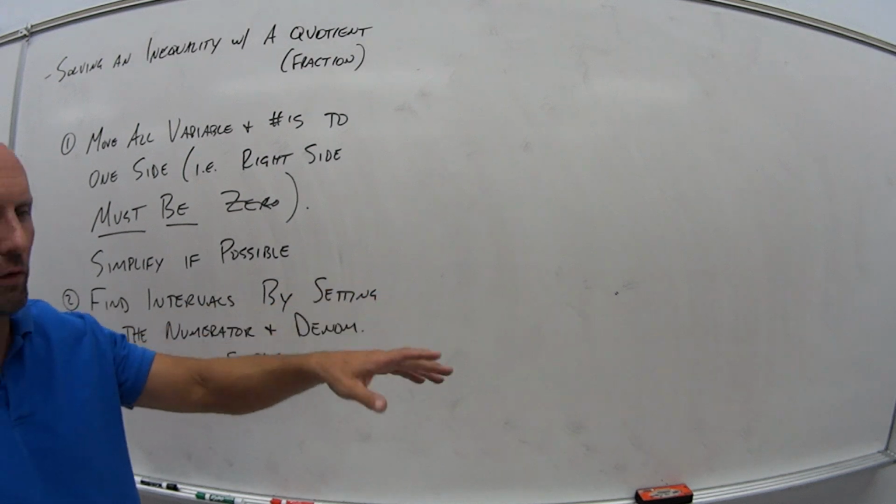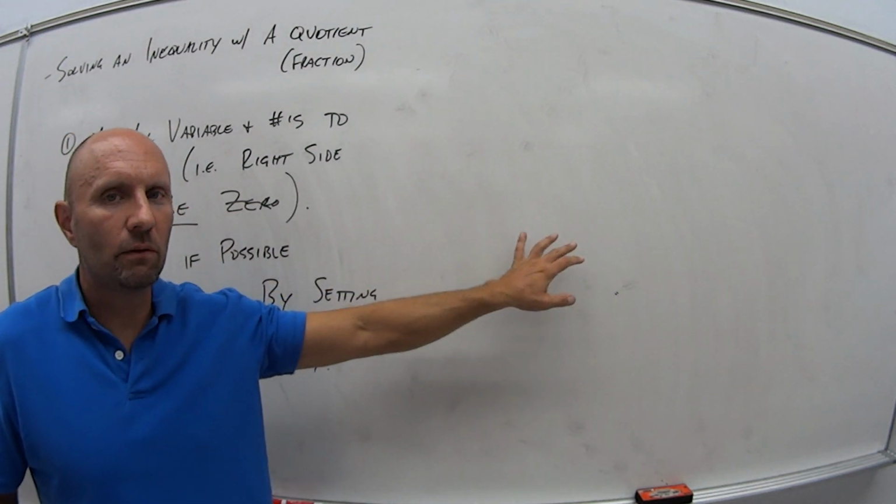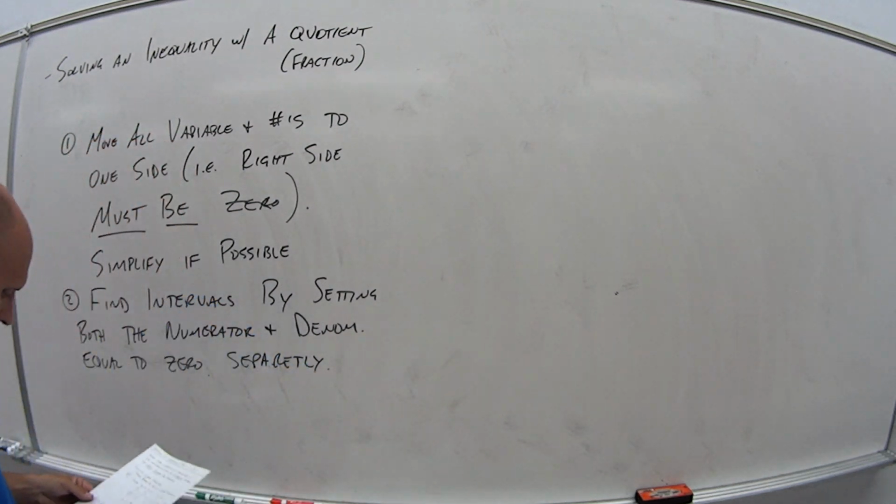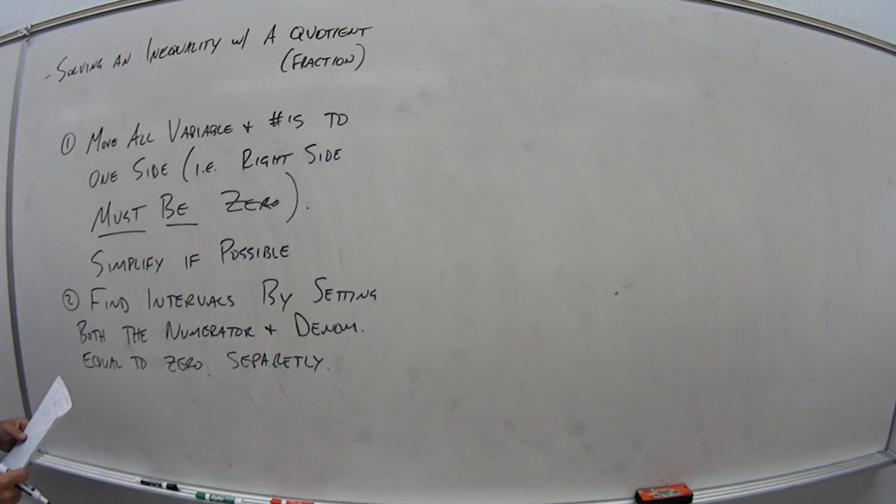So for all the numerators, if there's a variable in it, we'll set that equal to 0. For all the denominators, if there's a variable in it, we set it equal to 0. That's going to give us our interval points for our table, which is step 3.